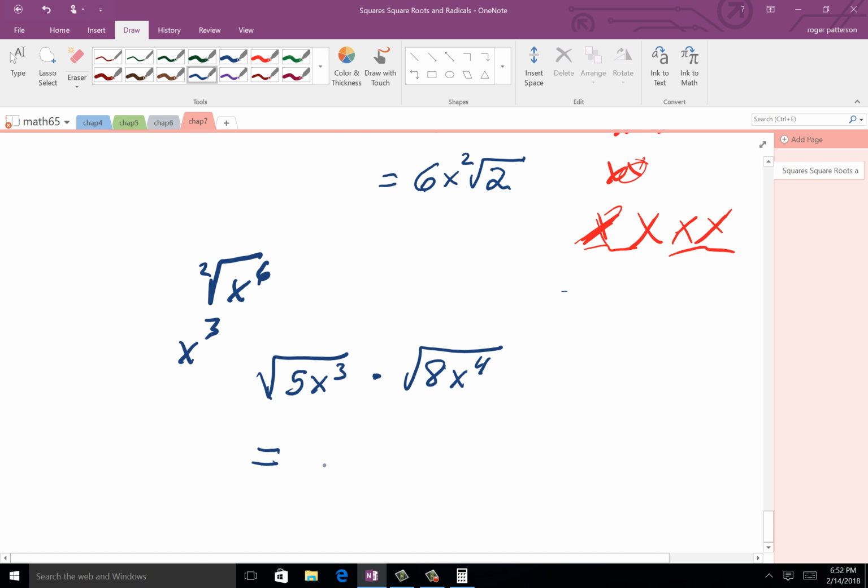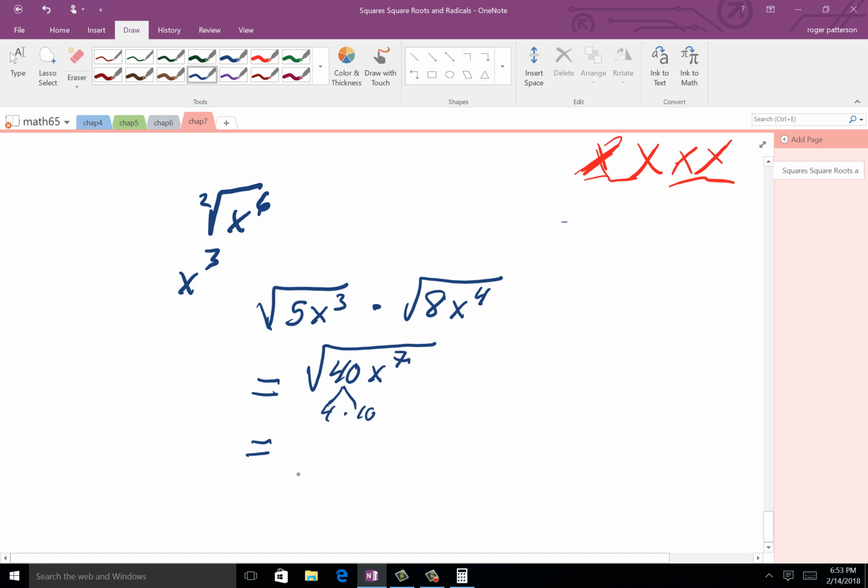Let's try this one out. Square root of, what are we going to get on the inside? 40 on the inside. 40x to the 7th. Let's do the number first, right? What goes into that number? 4 does. So just number-wise, what are we going to have on the outside? 2. Good. 2 square roots of what's on the inside, just numbers.